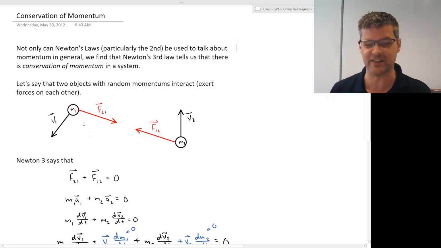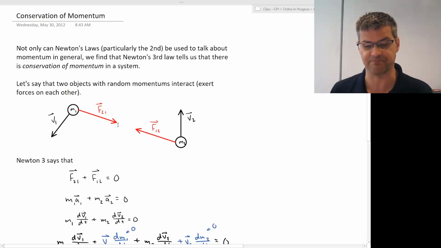So in this particular scenario, we see that M1 is attracted to M2 with force F21. M2 is attracted to M1 with force F12. And because M1 and M2 are interacting with each other, those forces are a force pair from Newton's third law.